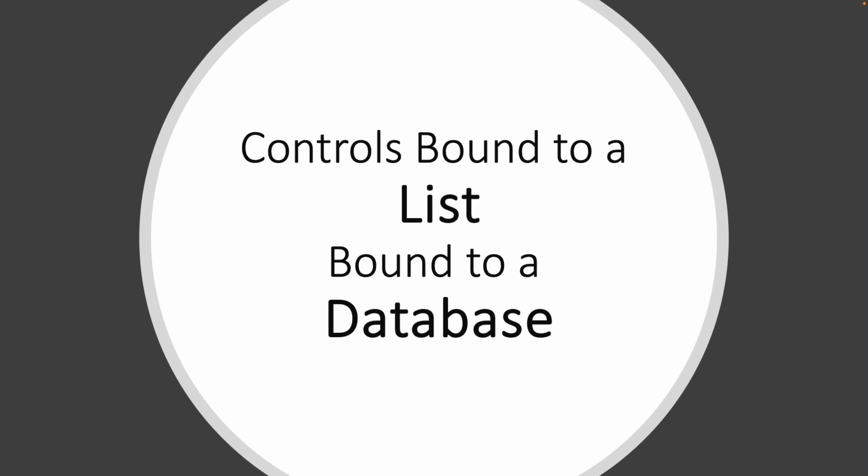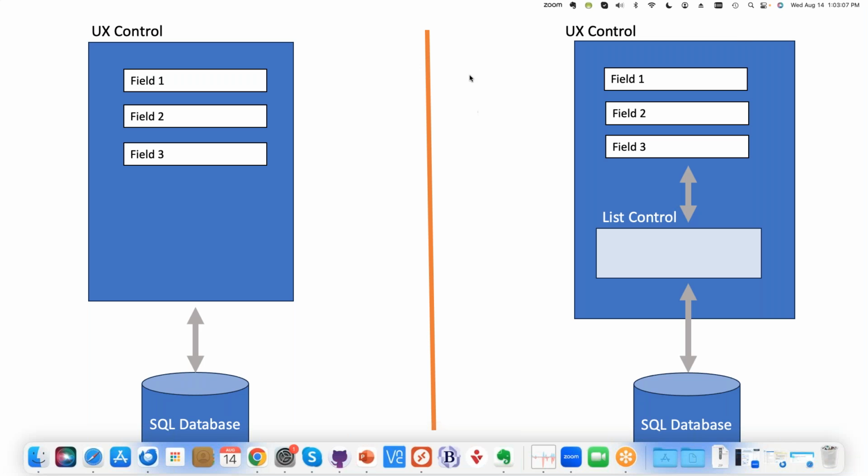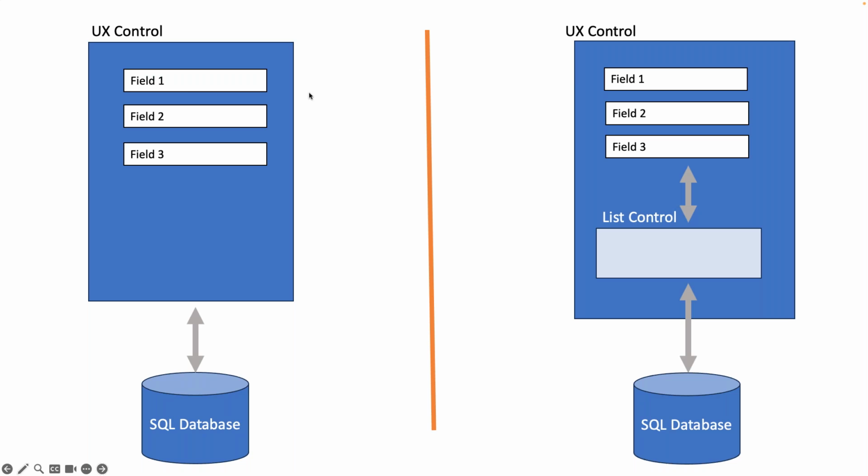All right, that sounds kind of confusing, so I've made a diagram. Hopefully it will make it a little bit easier to follow. If you can take a look at this example here on the left, this is like the one that we did for the user details screen. We have some fields, maybe it's first name, last name, and company. They've been placed on what we call a UX control, and that UX control is directly connected to my SQL database so that the fields here know about the underlying data structure here.